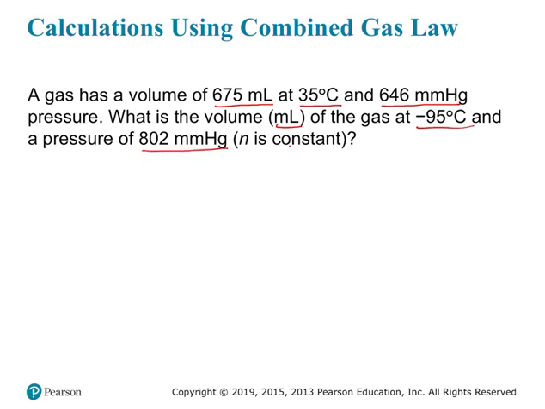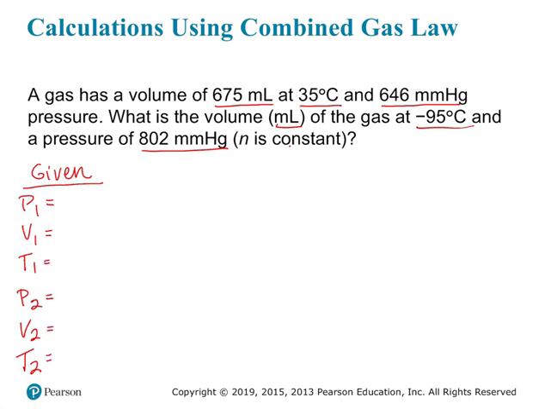And again, the amount of the gas stays constant. Okay, so we've been given a lot of information. So I'm just going to write down P1, V1, T1, P2, V2, T2, since those are all of the variables in the combined gas law.